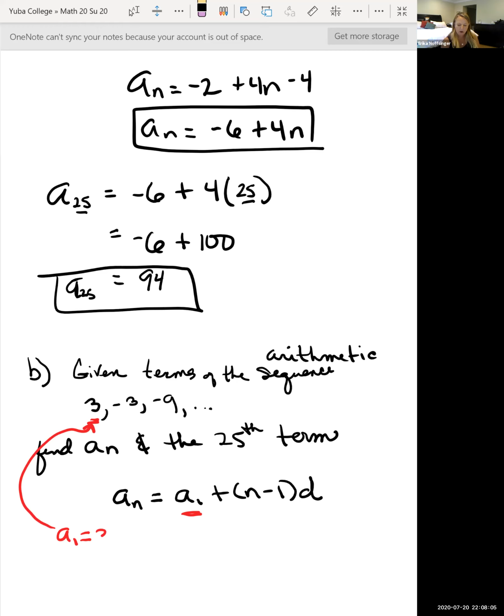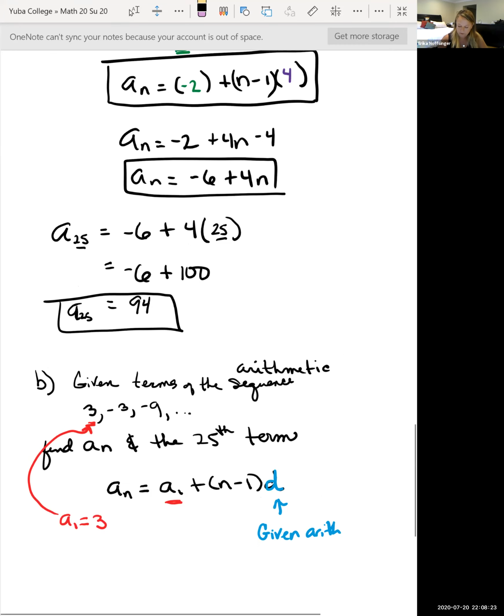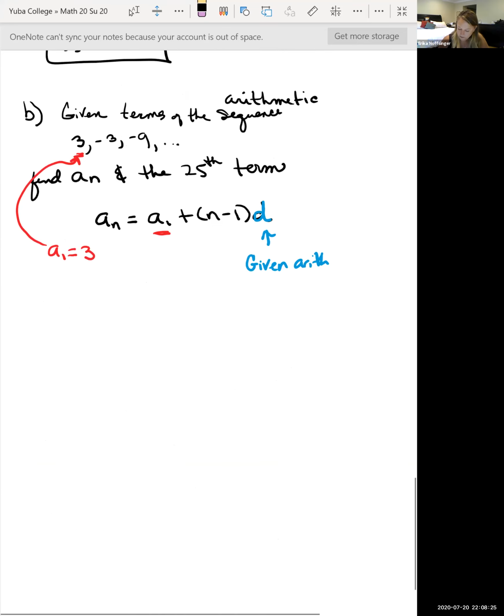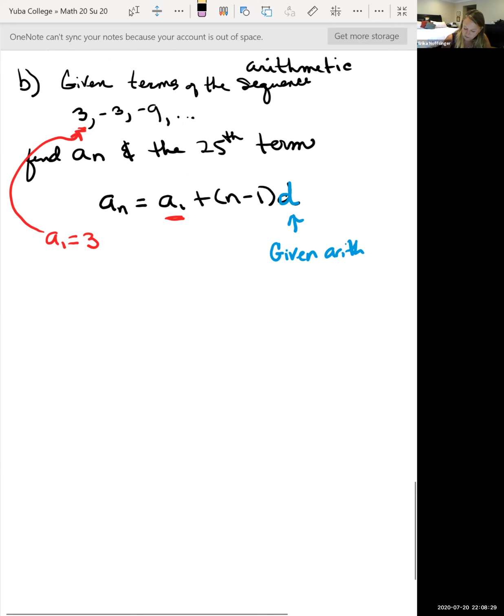And then we need to figure out what d is. We're given this as arithmetic, so if we took a term minus the term right before, that's what d is.